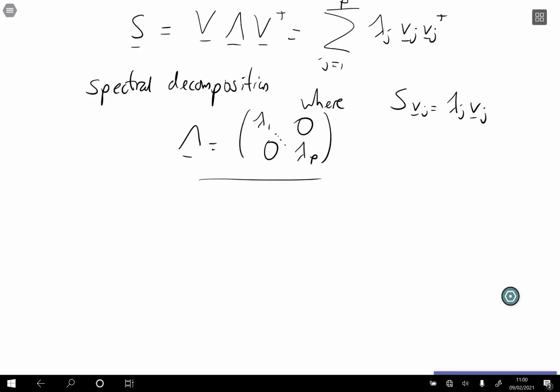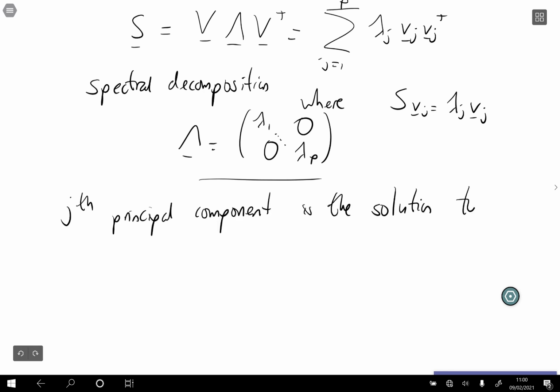So principal components analysis then is defined sequentially. So the jth principal component is the solution to the following optimization problem. So we want to maximize u transposed S u with respect to u, but we're going to say that u has to have length 1.